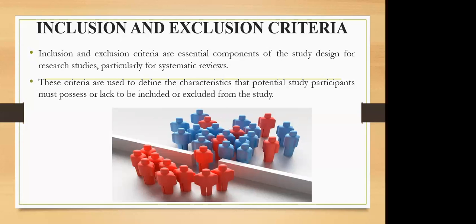So by that, we can define that these criteria are used to define the characteristics of the participants in the study. So for you to carry out a systematic review, there are certain characteristics that the participants will have that would lead you to exclude them from the synthesis. Is that clear?